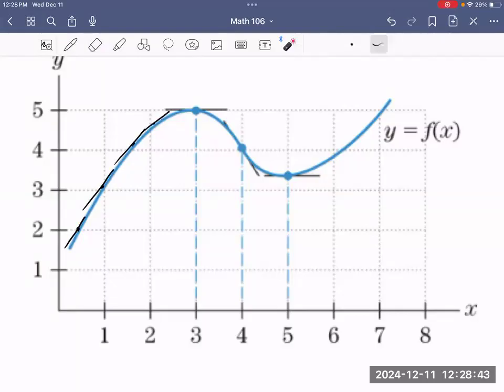In other words, your graph concavity-wise should be concave down. So if we make that tangent line where we're touching your graph just once, the overall graph here should be concave down.